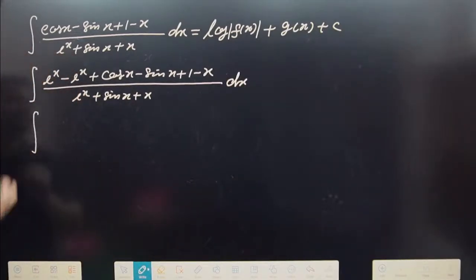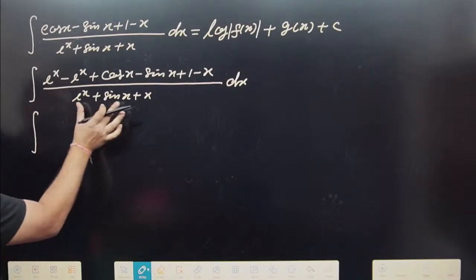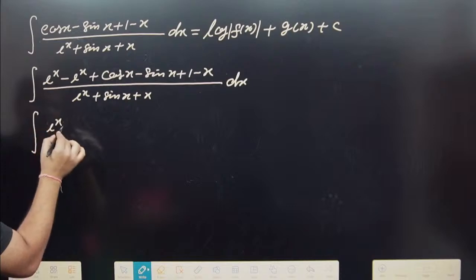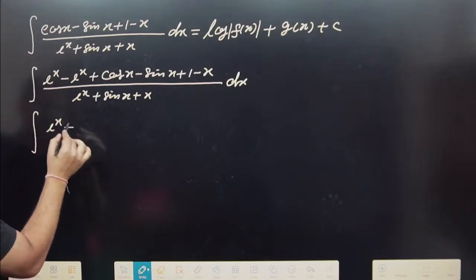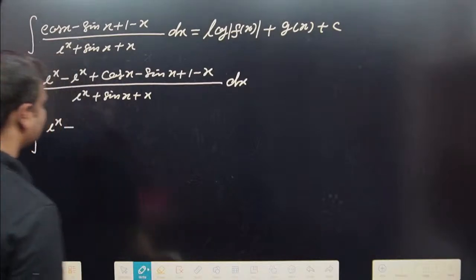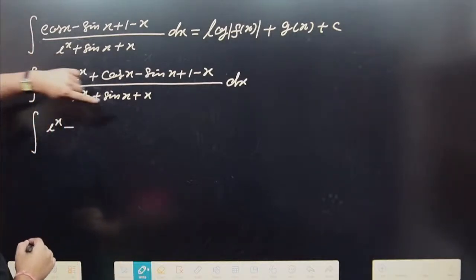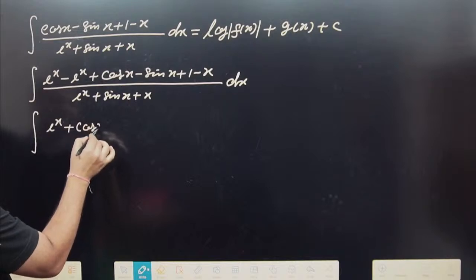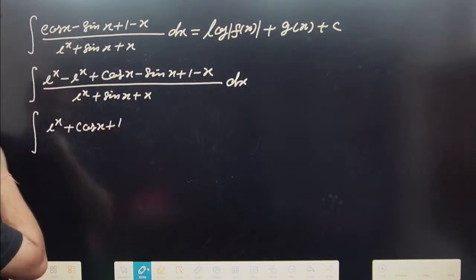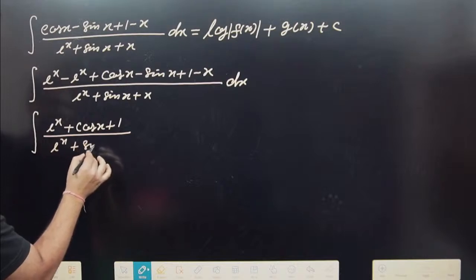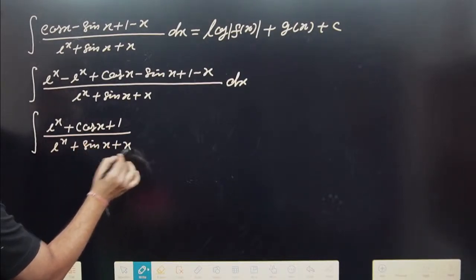After that, what is the differentiation of this one? E to power x, and minus cos x. Now if this one is taken as t, then the differentiation of this is simply cos x, divided by e to power x plus sin x plus x.